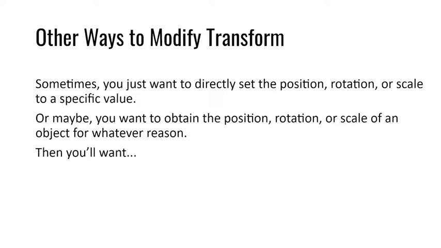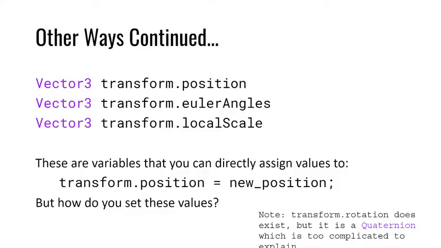To do that, you would use these. There's transform.position, which gives you a Vector3 containing the XYZ position. There's transform.eulerAngles, which gives you the rotation in XYZ. And there's transform.localScale, which gives you the scale.